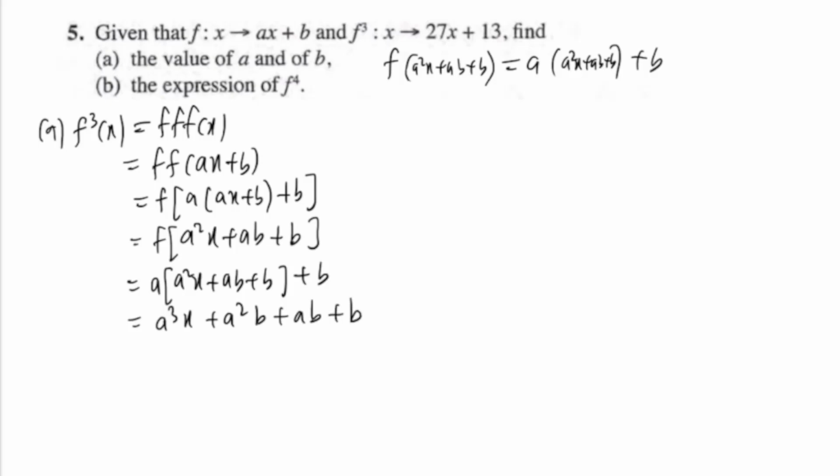Now notice that this expression is in terms of a single x and a constant. So what we want to do is compare this with the given function f³(x) above. When I say compare, we need to compare the term with x with the term with x, and then compare the constant with the constant. Constant means the one without any x.